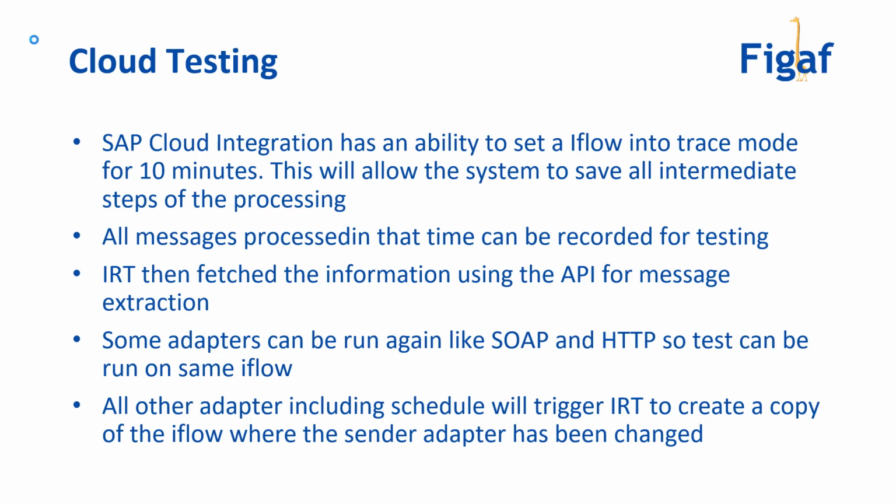This will just change it into trace mode, run it, get the data, and then you can run this using the SOAP adapter or HTTP. And if you have used those adapters, we can just reuse the same iFlow, given that it's not a productive instance.